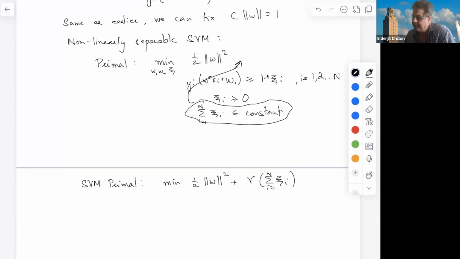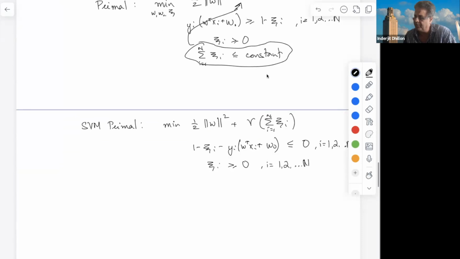Okay, and then the constraints I have, again, I'll write it as a linear inequality constraint, 1 minus psi i minus yi times W transpose xi plus W naught is less than or equal to 0 for i equals 1 through n. And we have introduced these extra variables, so psi i is greater than or equal to 0. And if you want to treat the corresponding inequality constraints, you would have that minus psi i is less than or equal to 0.